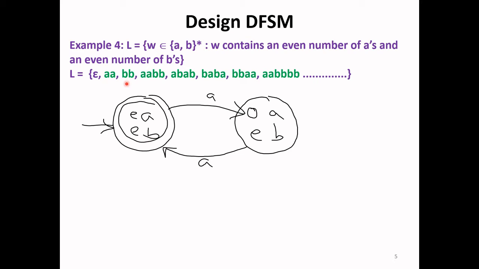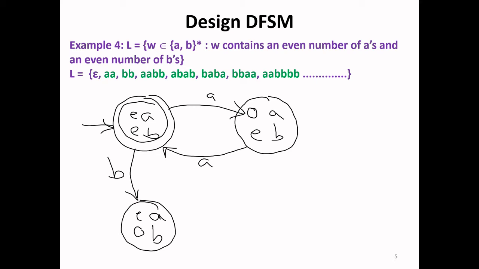So next, coming to number of B's. So A's are 0 and we have 2 B's. So how to design this? Let us see. Take a state wherein you have one compulsory B, meaning you have odd number of B's and even number of A's.